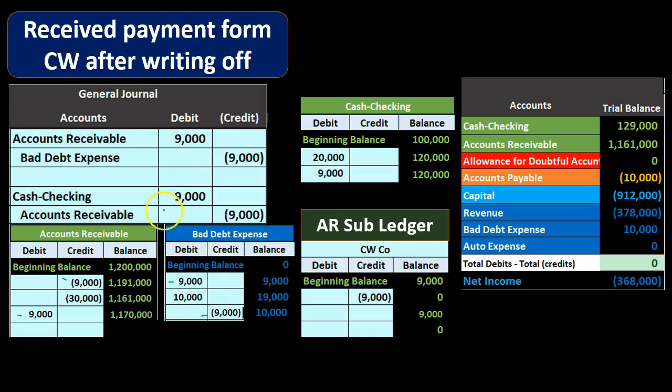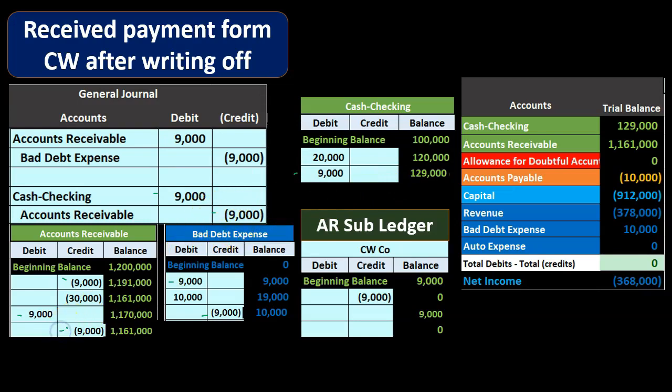Then we're going to record the second piece, which is just the normal transaction for a receipt on account, receiving money for the accounts receivable for something that we did in the past. So here's the cash going up, here's the cash going up, and that brings the balance from 120 to 129. And then the other side of it is going to be the accounts receivable here. It's going to be the credit.